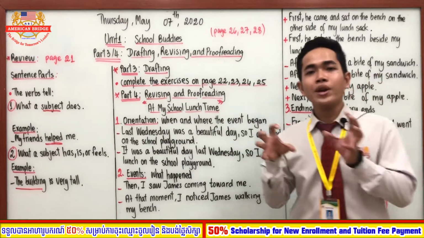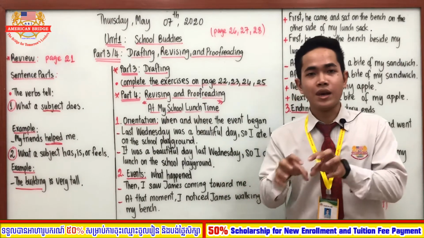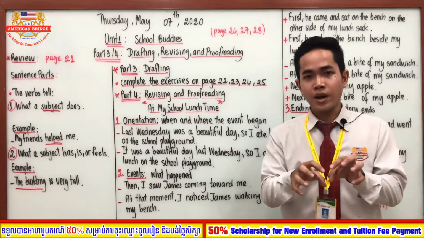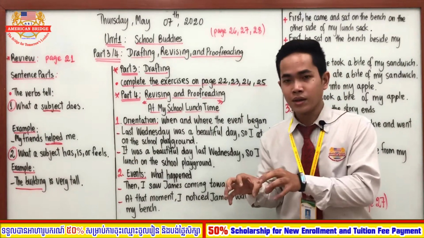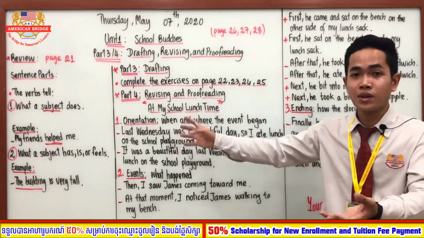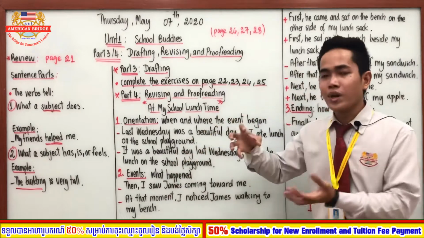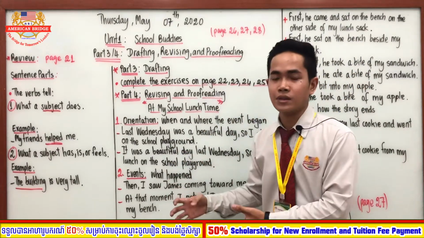So in the orientation part, we have different styles of making the orientation. As you can see, we have two sentences, right? So this is your choice. If you want to choose it, it's up to you. Number 2, events. After the orientation, we go to the events of the story.